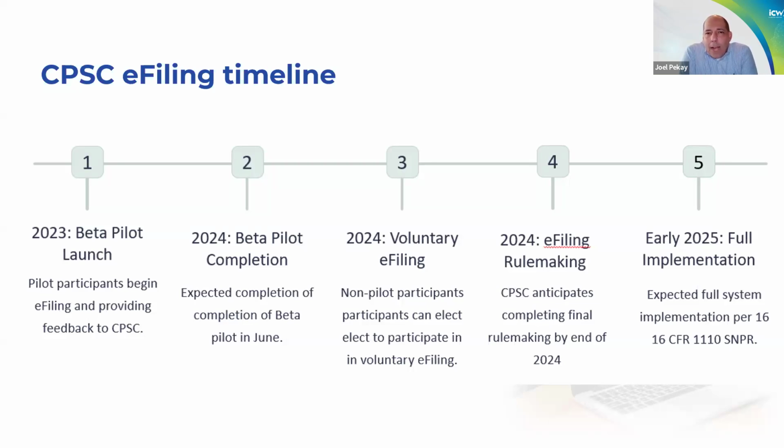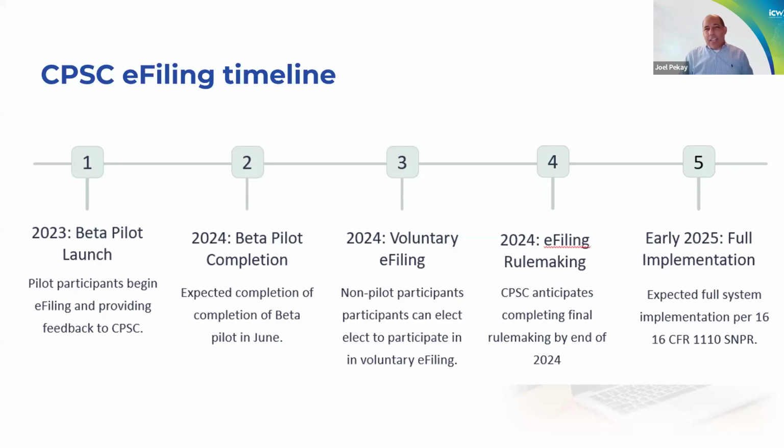So non-pilot participants can elect to participate. You can choose to begin filing information. It will help your business to understand the process, the steps, and the approach you need to take in preparation for the 2025 mandatory timeline of this.